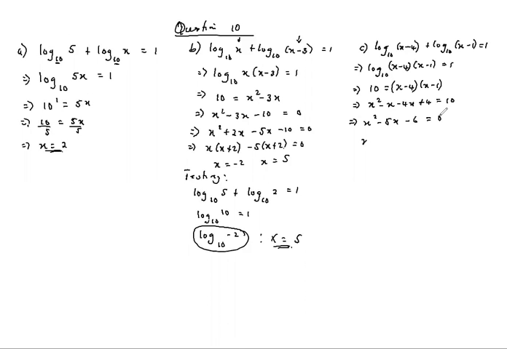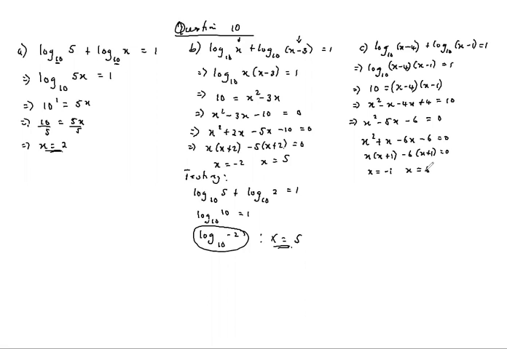Then this is x squared, the product is negative 6. The sum is negative 5. So you use plus x minus 6x minus 6 is 0. So you have x plus 1. Here you pull out negative 6, remain with x plus 1 is equal to 0. So x is negative 1.